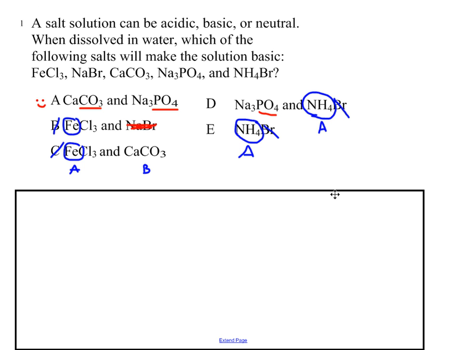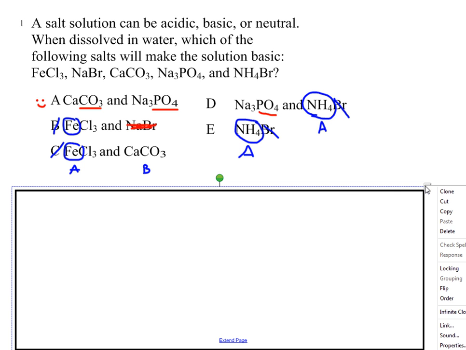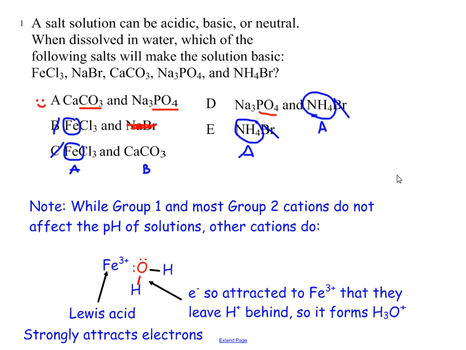Now let's take a look a little bit at why iron seems to change the pH. Group 1 and Group 2 cations are the conjugates of strong bases. They tend not to affect the pH of ions. But other cations, especially highly charged transition metal ions, strongly attract electrons.